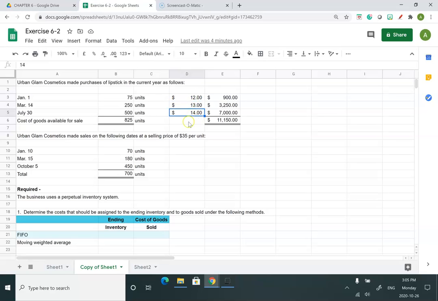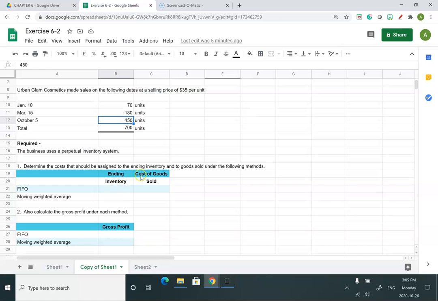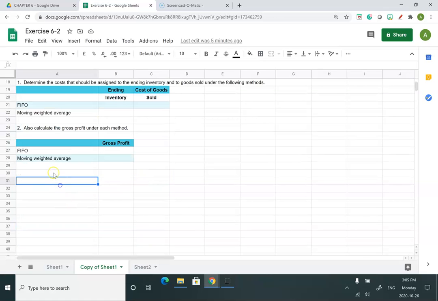When we move a unit out of the inventory, I need to know how much I should apply per unit on the amounts that I sell. That's really going to affect my ending inventory and the amount that I send over to cost of goods sold under these different methods. So let's get right into the FIFO method. I'm going to try and show you this the easiest way. It's still going to take a little bit of time.